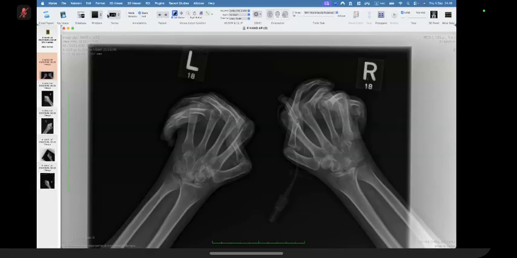Also, there are subchondral sclerotic changes and narrowing of the carpometacarpal and intercarpal joints. This is advanced. The first differential diagnosis, as it's a proximal small joints affection, is advanced rheumatoid arthritis.